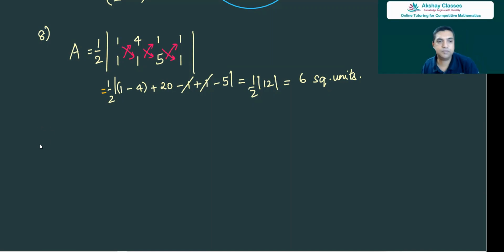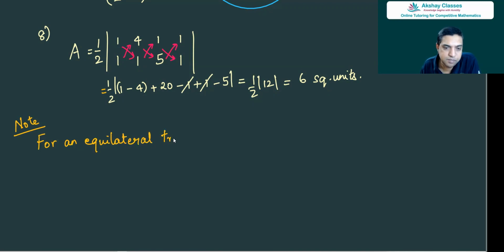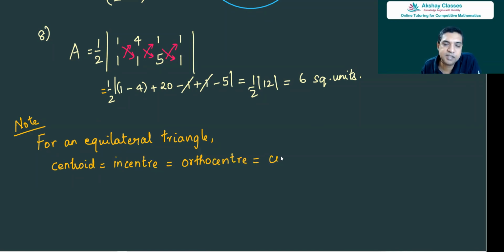Now, one thing to know is for an equilateral triangle, centroid will be the same as incenter, which will be the same as orthocenter, which will be the same as circumcenter.